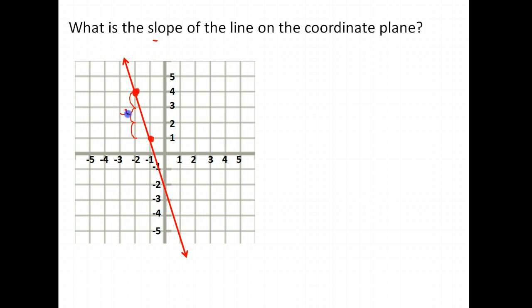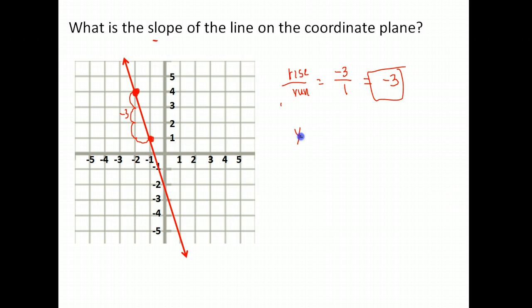So we call that negative 3, because just like when we're graphing a point, going down makes negative. Okay, so our rise over run for our slope, the rise is negative 3 because it's actually falling. Our run, how far to the right do we have to go to get even with that point now? We have to go 1. So our slope is negative 3 over 1, or just negative 3.